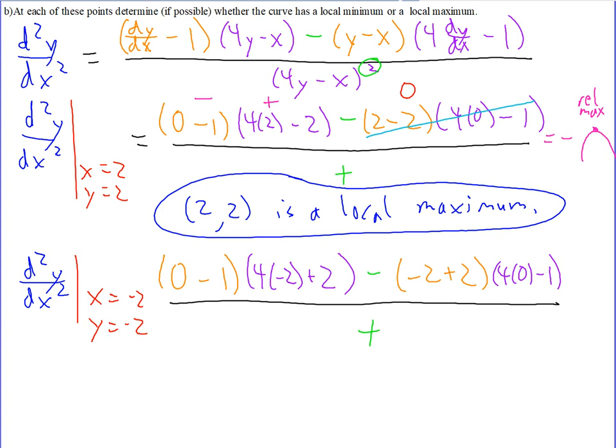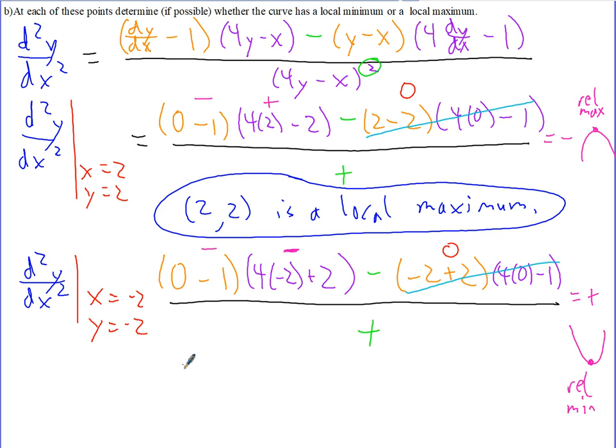Again, notice something similar happens with this point. Negative 2 plus 2 is 0. That wipes out this entire term over here. And then this time, though, we have a negative 1. And this is negative 8 plus 2, times another negative. Negative times a negative is positive. That means it's concave up, shaped like a cup, which means it's a relative minimum.